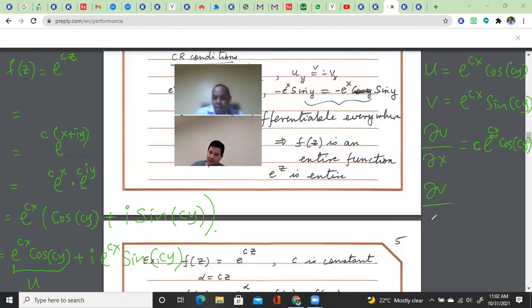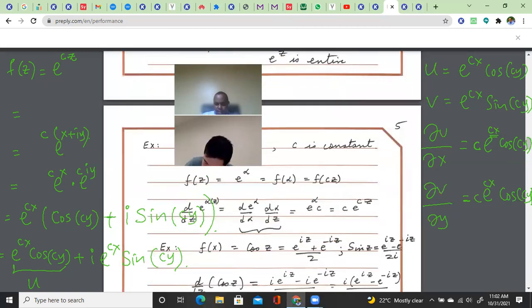And then dv/dy equals e^(cx) times, the derivative of sin(cy) will be c cos(cy) times c. Yes, they're equal. So the first function satisfies the condition.